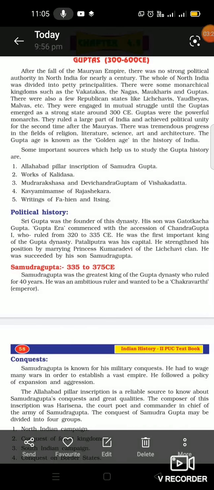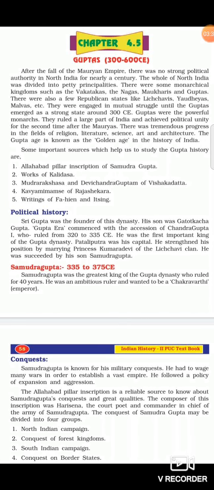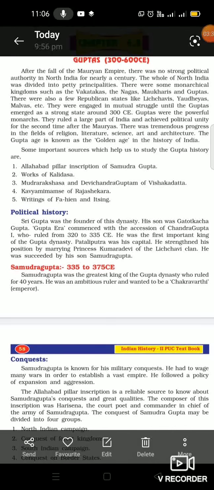His period is 335 to 375 CE. Samudragupta was the greatest king of the Gupta dynasty, who ruled for 40 years. He was an ambitious ruler and wanted to be a Chakravarti or emperor.